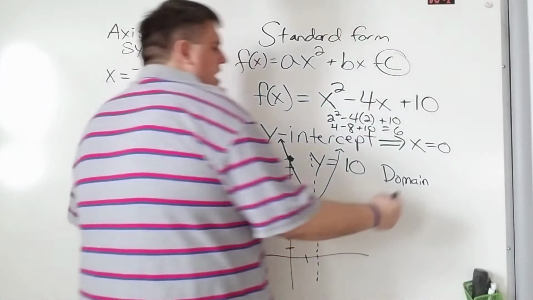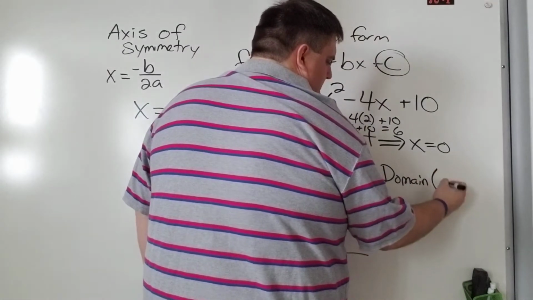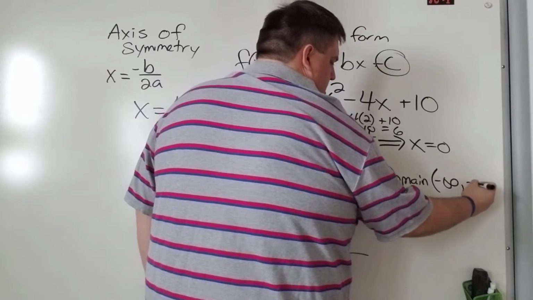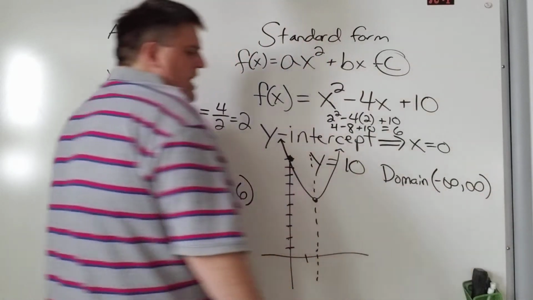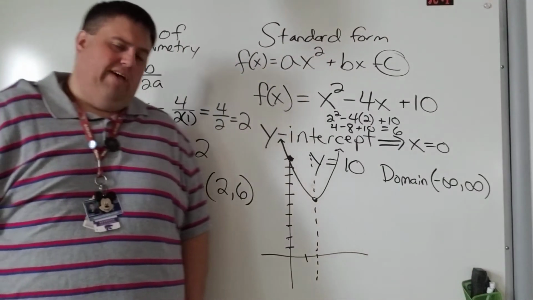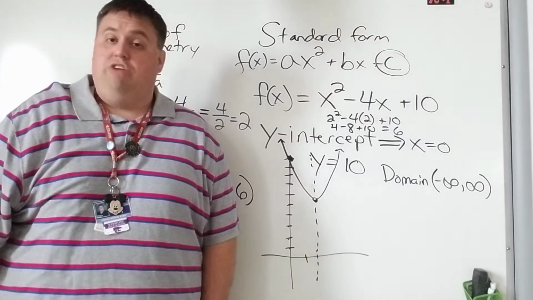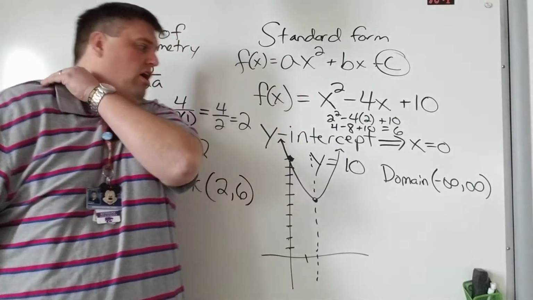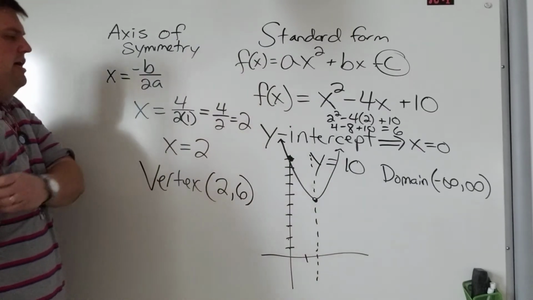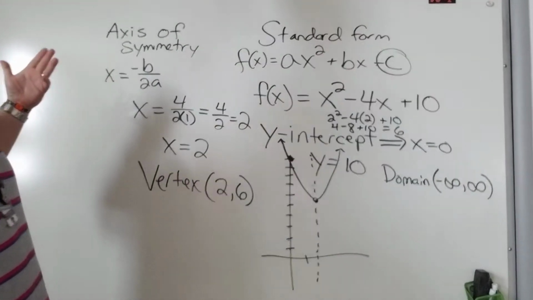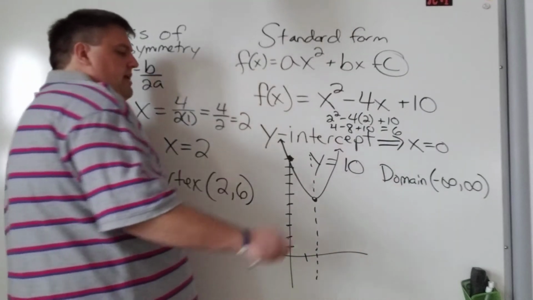So my domain of a parabola is going to be negative infinity to infinity. We haven't had very many things that restricted x values, and quadratics do not restrict the x values at all. We can plug in whatever we want. So our domain is just going to be all reals or negative infinity to infinity.